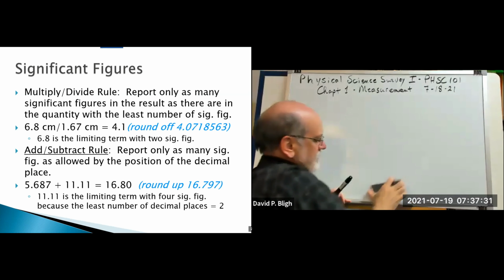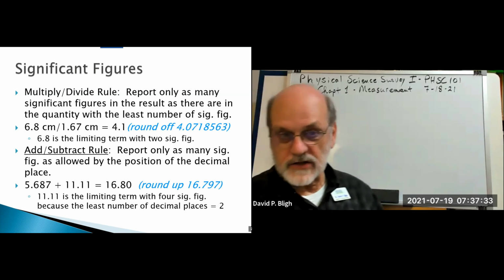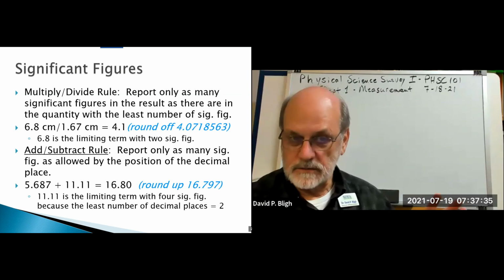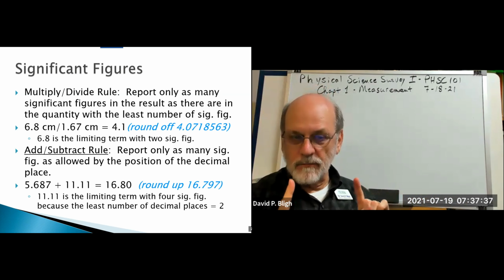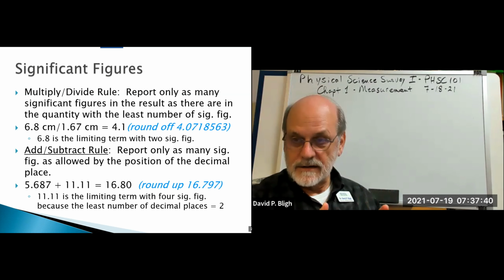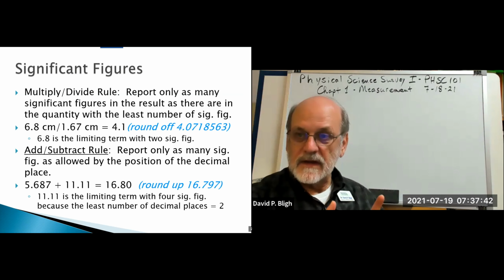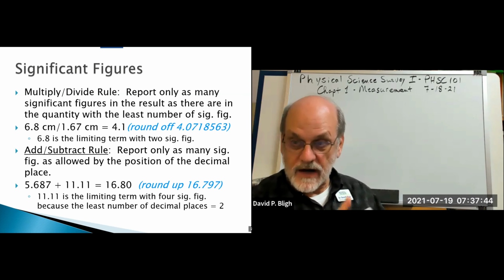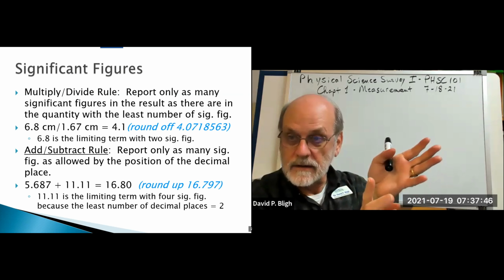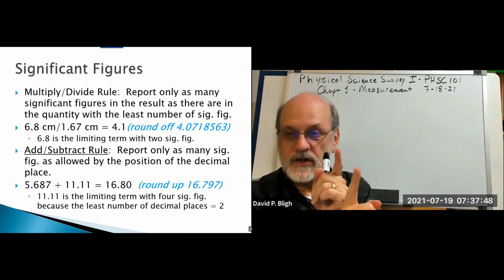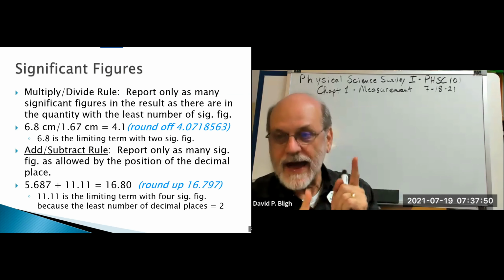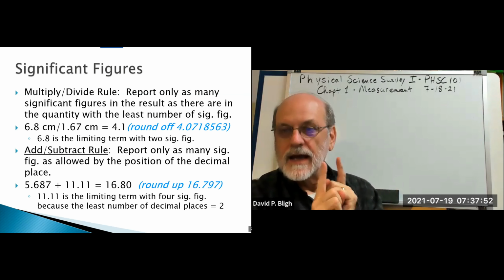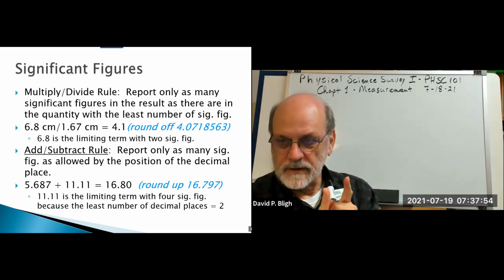Now, what are the rules for calculation? There's only 2. If the numbers are multiplied or divided, all you have to do is look at how many significant figures are in each one of those factors. Take the smallest number.